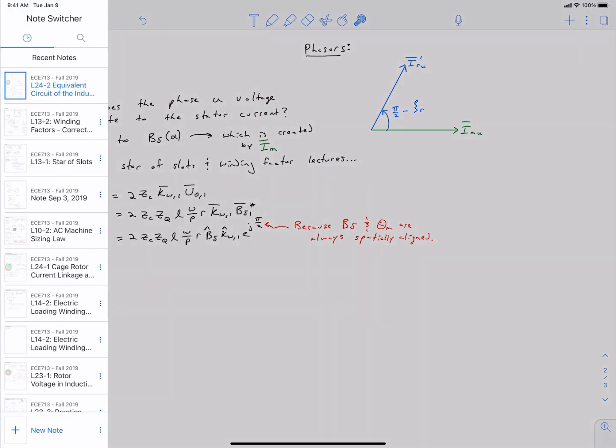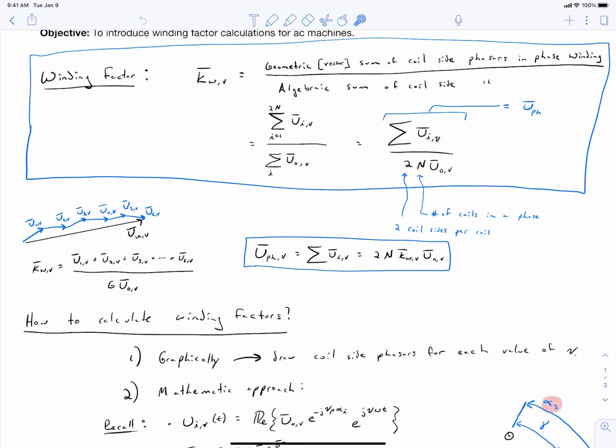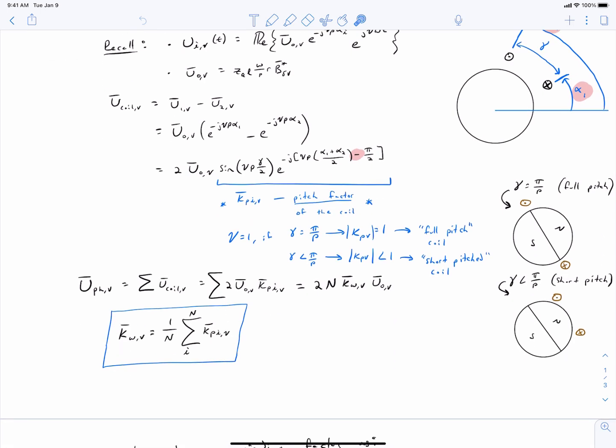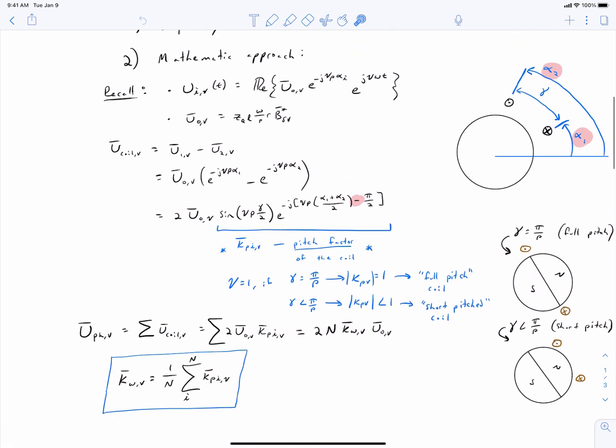And so if we look at our winding factors video, we can see that this is only possible if we consider that we have a coil or a phase winding that is centered along the horizontal axis, which for us would mean that it has a winding factor angle of a positive pi by 2.